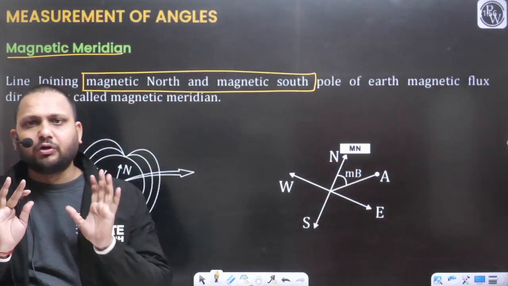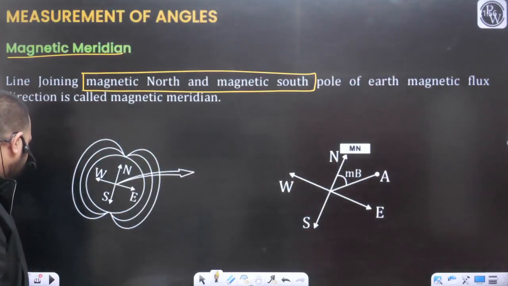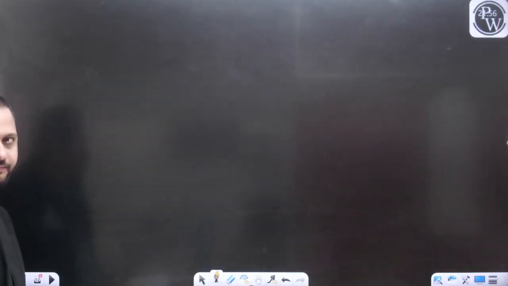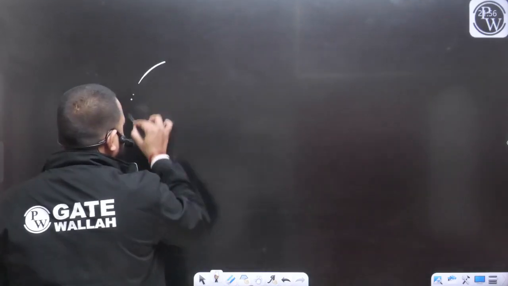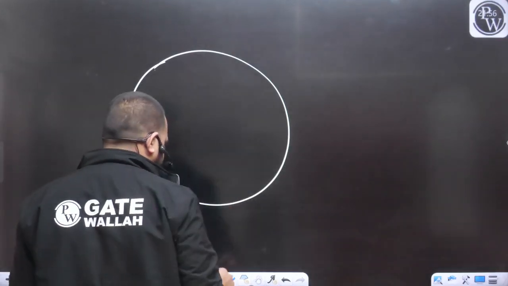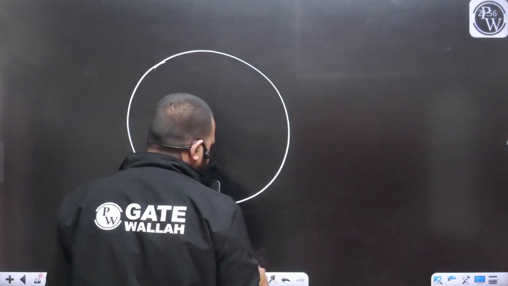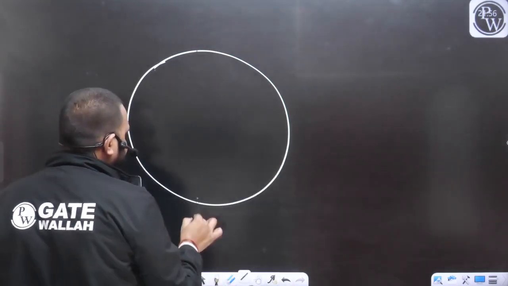So if I want to represent the true meridian and magnetic meridian in a single diagram, how can I represent them? For example, let's say this is your earth.